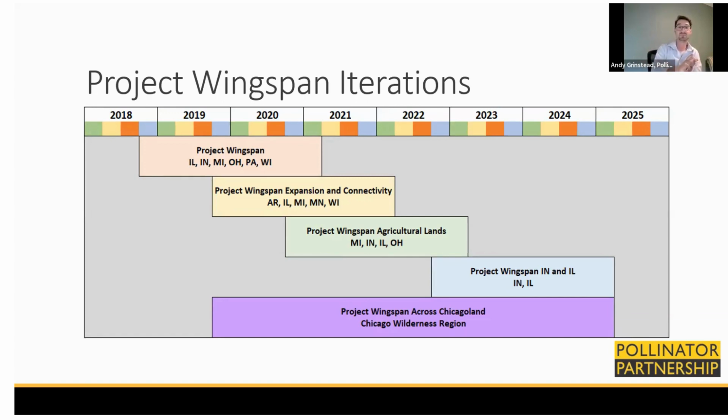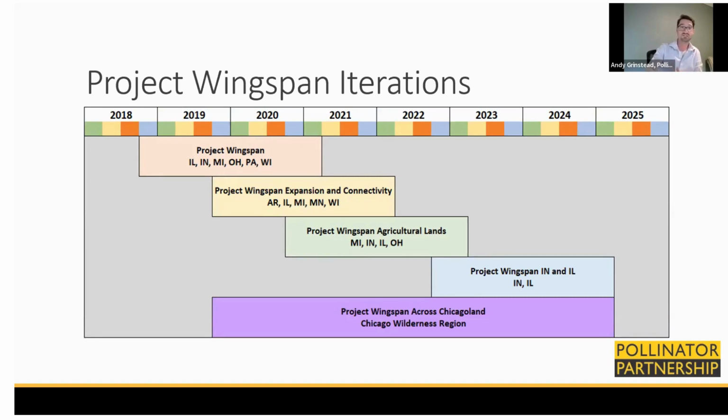After that, we moved on to Project Wingspan Agricultural Lands, which utilized the same collection protocols and strategies that we talked about earlier, but they emphasized agricultural landscapes for seed and plant awards and habitat enhancement. So those trainings that we're currently hosting that I just mentioned, those are a part of the Project Wingspan Agricultural Lands program.